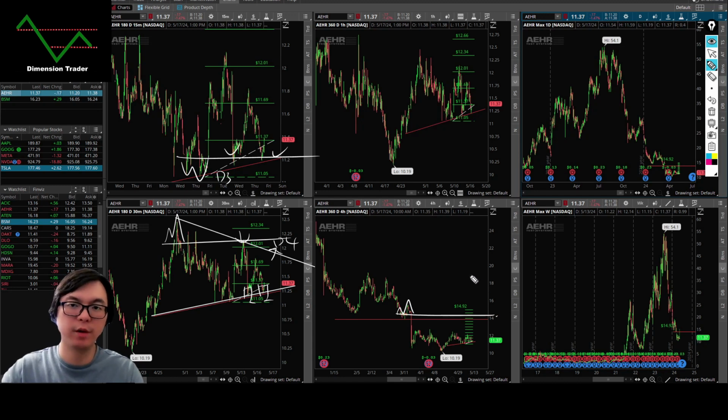Okay, if not, then the pricing is going to be around this area, which brings up 1 to 2 if we enter right here, and our targets are right here, 1, 2. So we're going to have 2 targets right here for AEHR.